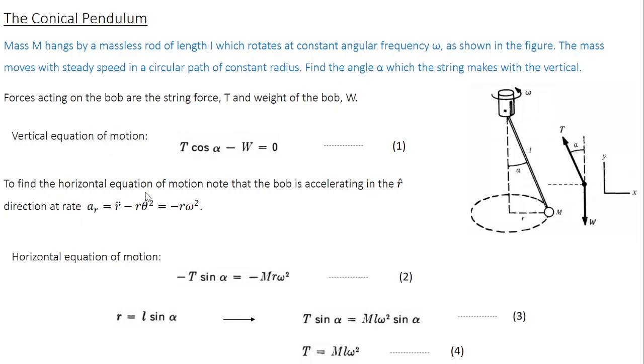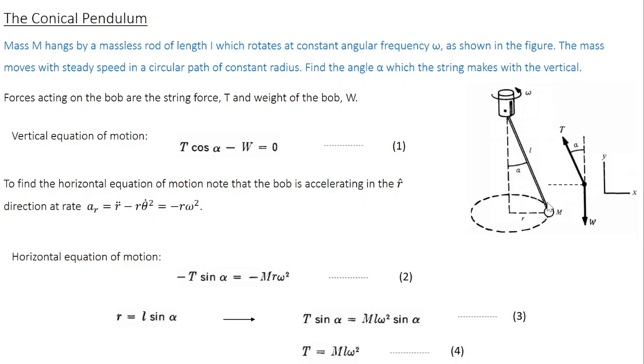Let's now find out the horizontal equation of motion. So we have a bob moving in a circle, and the circle is confined to a horizontal plane. So I can consider two components here, one is the radial component and one is the tangential component. But look at the force here. I have a force T sin alpha acting in the radial direction. On the other hand, there is no force acting in the tangential direction.